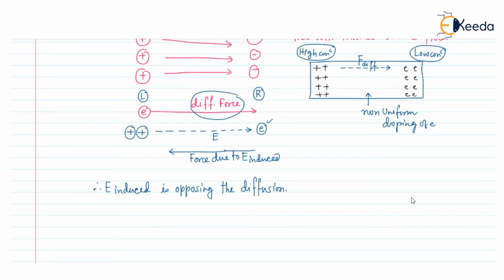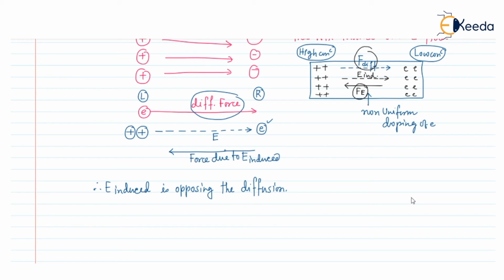If there is a separation of positive and negative charges, there will be an E induced. This is the E induced. Due to this E induced, the force on the electron will be in the opposite direction, force due to E induced. This force and F diffusion are in opposite directions. That's why it is opposing the diffusion.